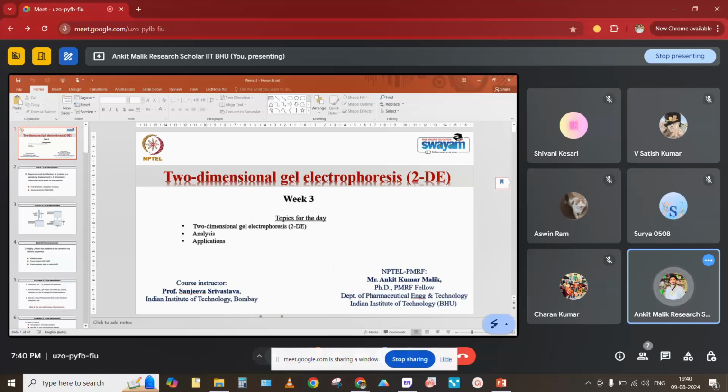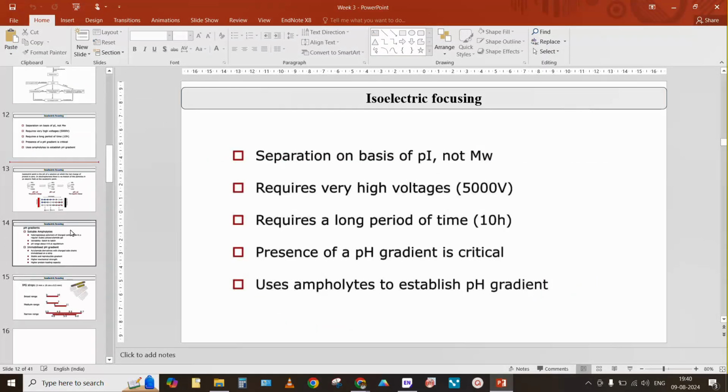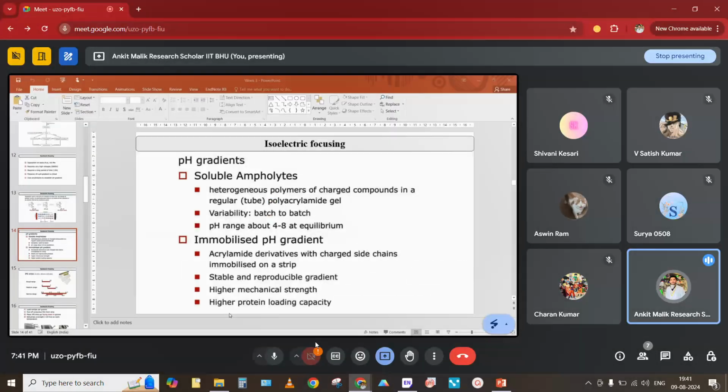So now is it visible? Is it changing now? Wait, I'll go to the 14th slide, from where we left. So now we're at the 14th slide.